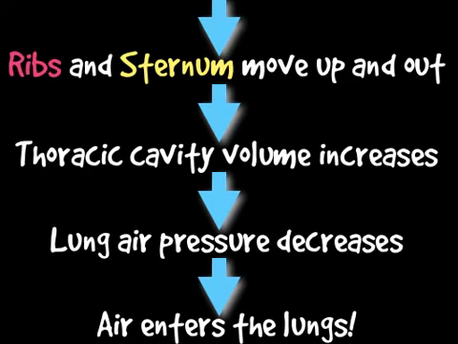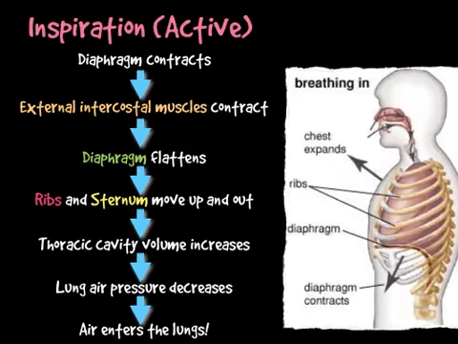So essentially that's how you breathe in, and you can have a try as you're in front of this screencast. Just try breathing in very deeply, and you can put your hands on your rib cage and you can feel them moving up and outwards, and if you put your hands around your lower six-pack area, you can probably feel your diaphragm flattening out as you breathe in.